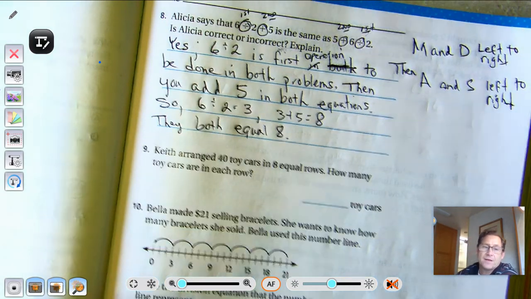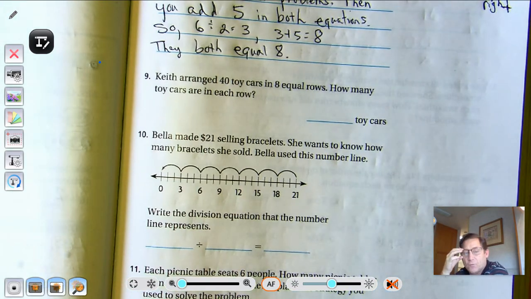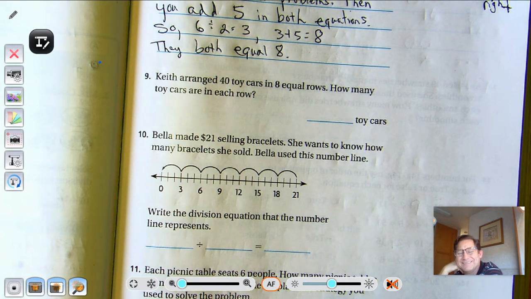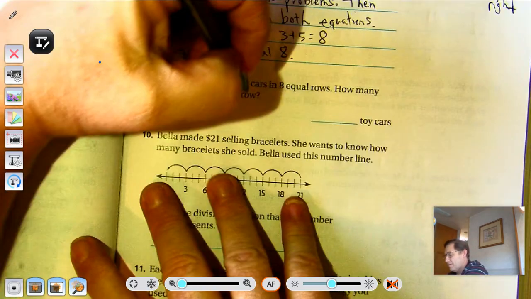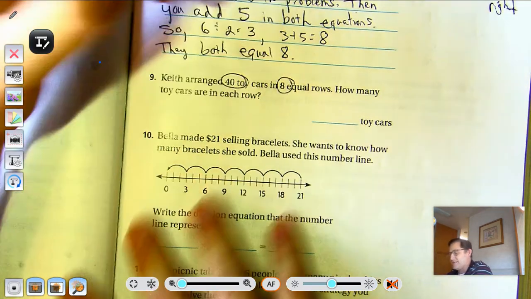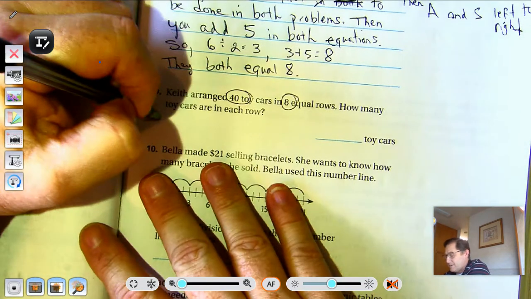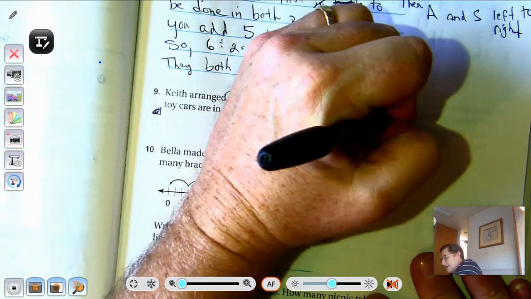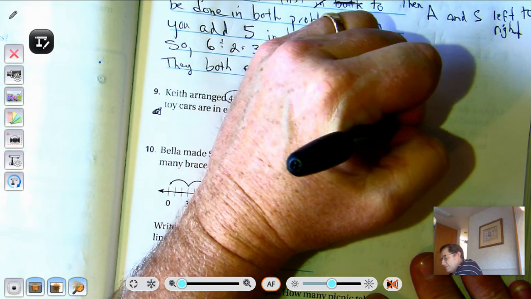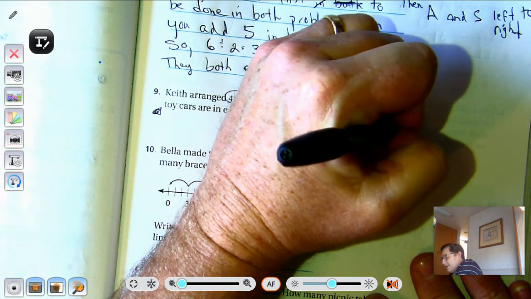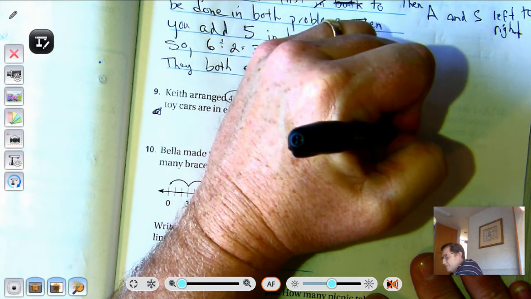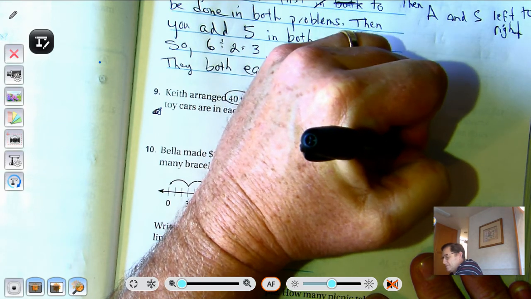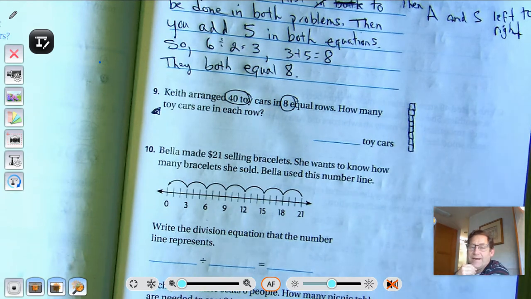Number 9. Keith arranged 40 toy cars in 8 equal rows. How many toy cars are in each row? 40 toy cars, 8 equal rows. Well, this seems to be a great candidate for an array. So let's make one row of 8. All right, so we have one row of 8.